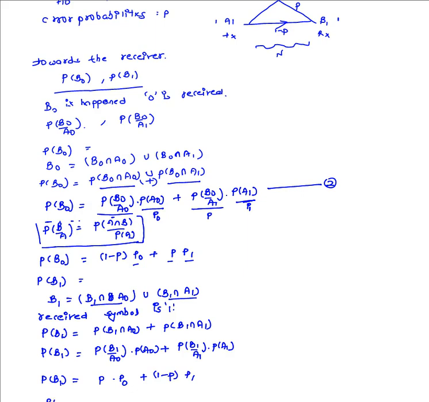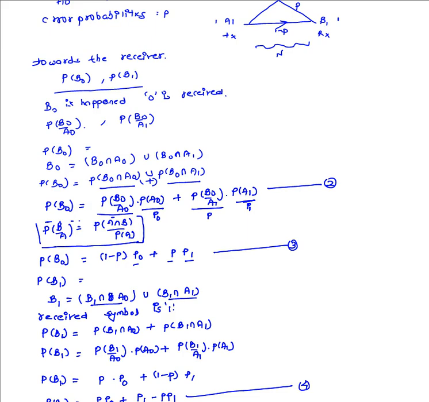So P of b1 can be written as p into P naught plus (1 minus p) into P1. So let us put P of b naught, earlier obtained as the third equation, and P of b1 obtained now on the same lines. Let us indicate this as the fourth equation.